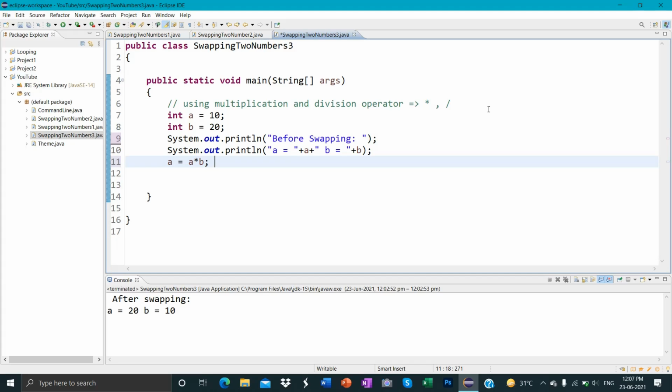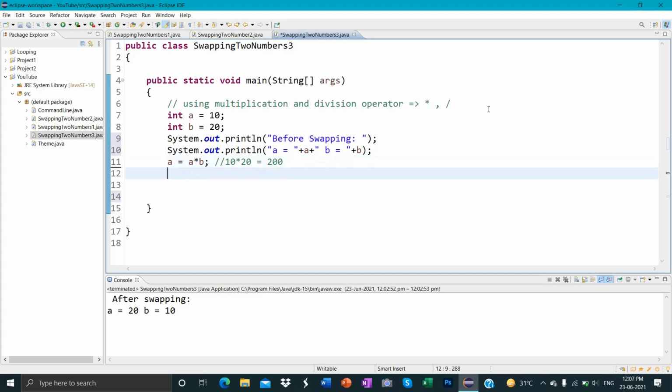This will give the result, that is 10 into 20, which will be equal to 200. Now the value of a is 200. Let us go for b. b equals a by b, which will give us 200 by 20, which will be equal to 10.